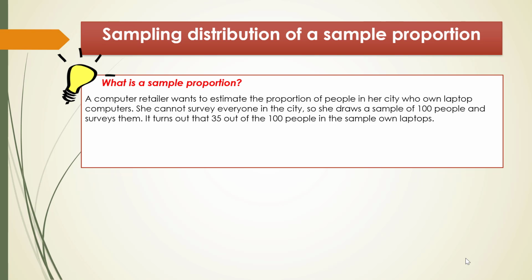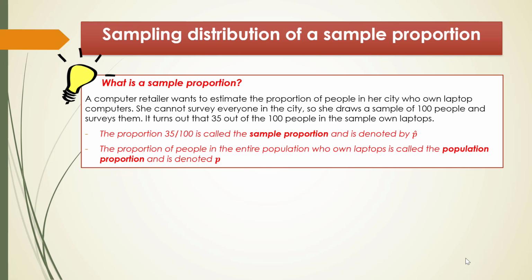It turns out that 35 out of the 100 people in the sample own laptops. So we have a sample of 100 people, and 35 of them have one common characteristic. So the proportion 35 over 100 is called the sample proportion and is denoted by p hat.